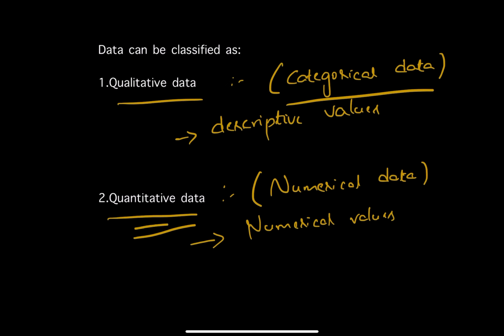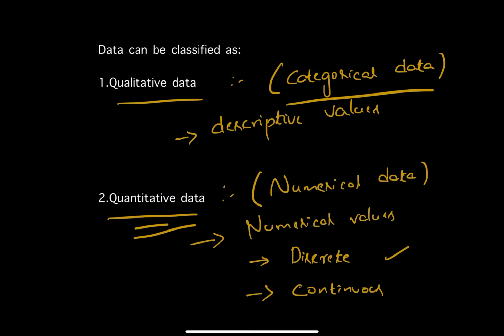Again, we are having two more categories under this quantitative, that is discrete and continuous. Any data that is countable, suppose number of persons or number of students, comes under discrete numerical data.